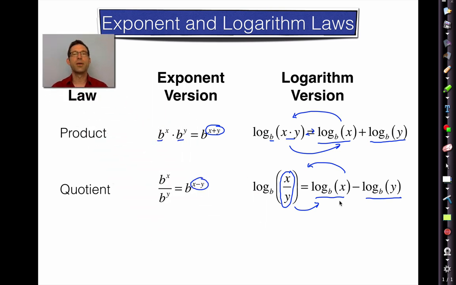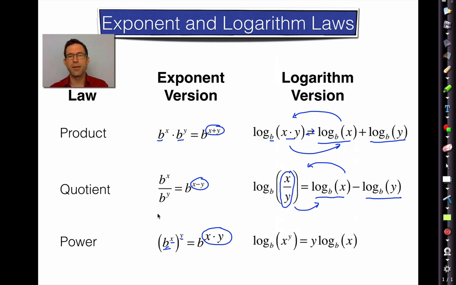Finally, and probably the most important of all the laws, is the exponent version. When you have something raised to an exponent raised to another exponent, you can multiply the exponents. The logarithm law here is a little bit harder to see. When you take the logarithm of some quantity raised to a power, then you can literally bring that power out so that it forms a product. This might be the most important logarithm law.